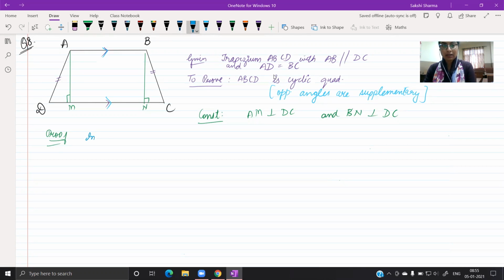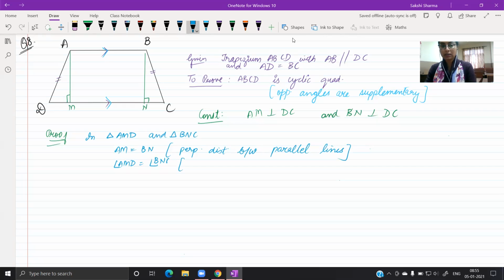Let's write down, in triangle AMD and triangle BNC, you have the perpendiculars equal, AM and BN are equal. These are the perpendicular distance between two parallel lines. Then you have angle AMD equals angle BNC, each equal to 90 degrees.